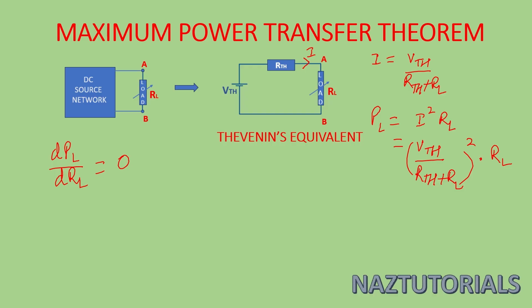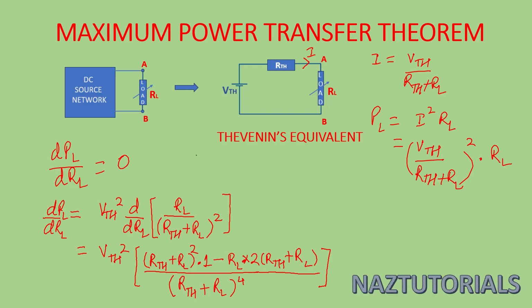It will provide a condition for maximum power transfer. Let's see. As RL is the variable load resistance, we differentiate this power with respect to load resistance RL. VTh square is a common constant, so we differentiate d by dRL of RL upon RTh plus RL whole square. The differentiation of V by U is defined as U differentiation of V minus V differentiation of U, divided by U square.